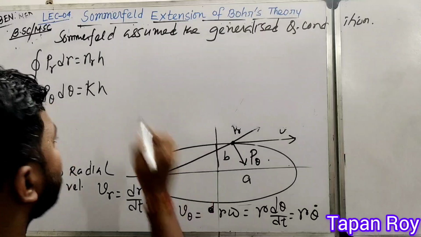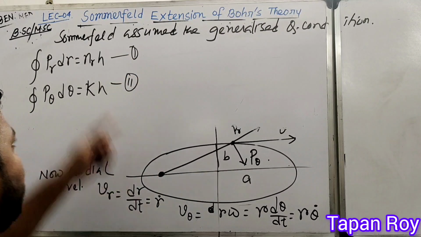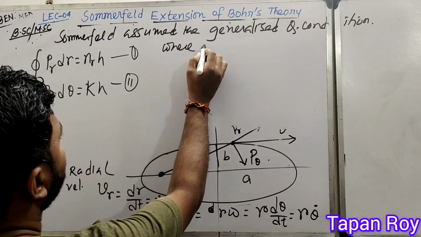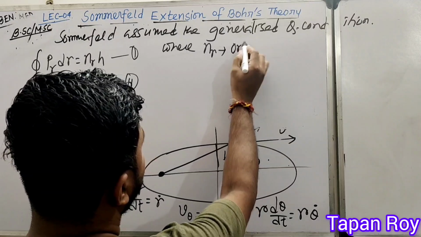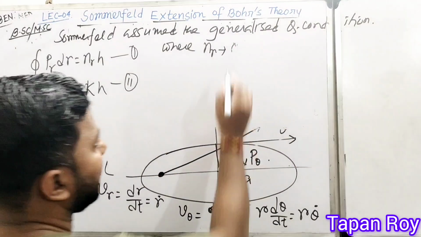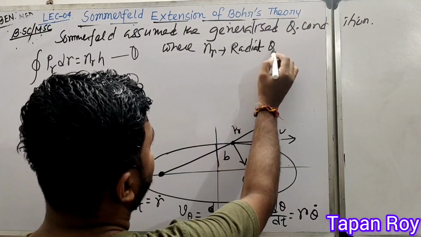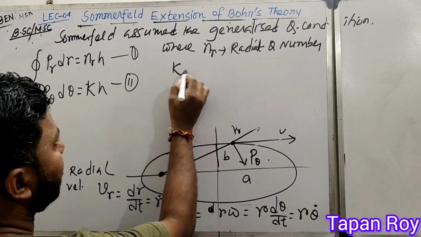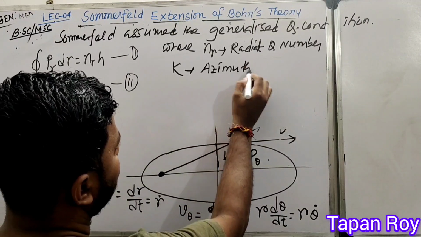This is equation number 1 and this is equation number 2. Here n suffix r is the radial quantum number, and k is the azimuthal quantum number.